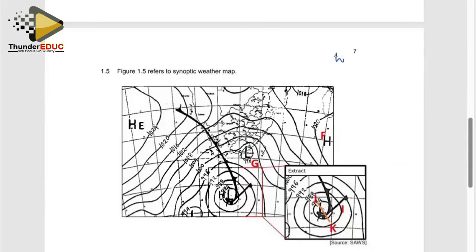You must be able to figure out the weather systems, be able to identify the pressure systems, and be able to figure out the season being depicted there. Also, you must be able to figure out the intervals, the isobaric intervals, though that is basic knowledge that you must have.